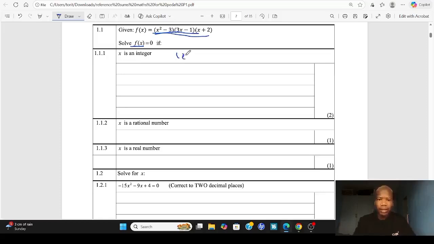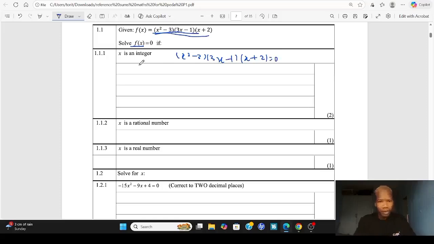We have (x squared minus 3)(3x minus 1)(x plus 2) equals 0, right?